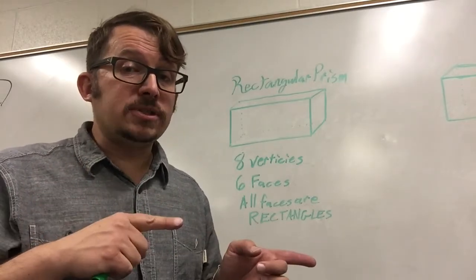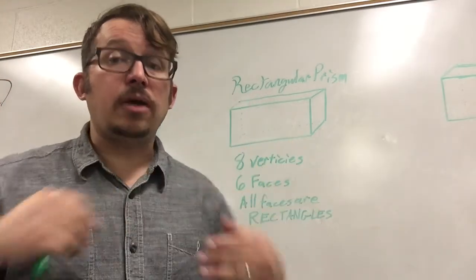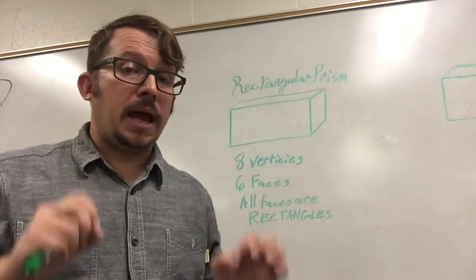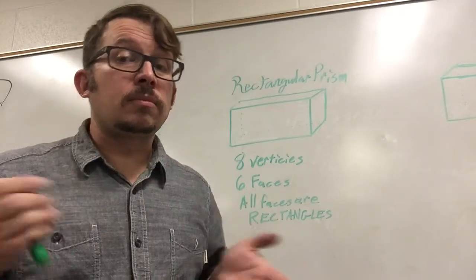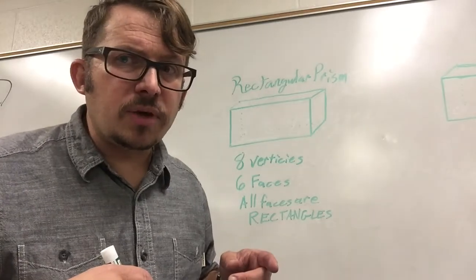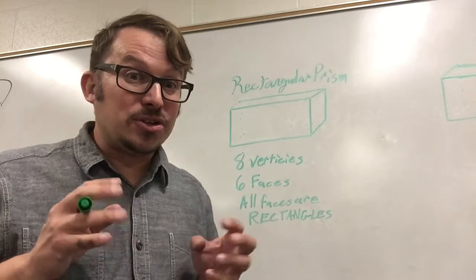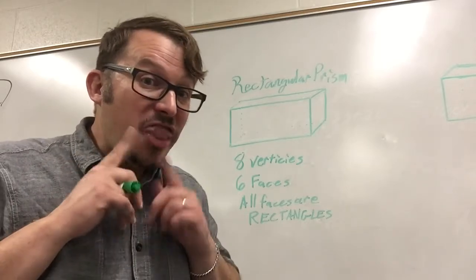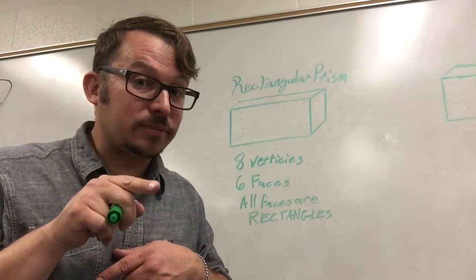And each opposite face, whether it's the top and bottom, the ends, the front and the back, they exist in pairs. They're the same size in pairs. What shape are the faces? All the faces are rectangles. So if it's all rectangles, that means that it's a rectangular prism.